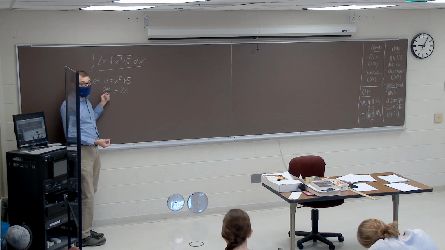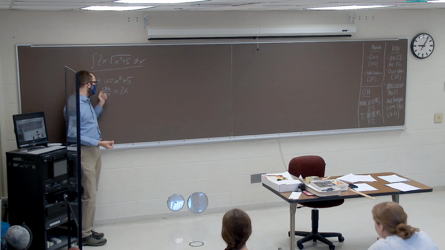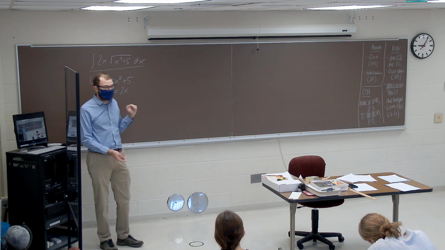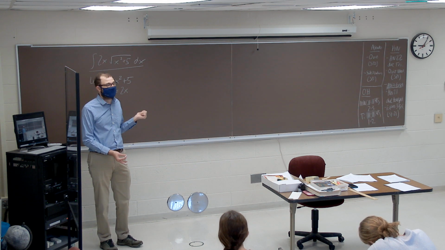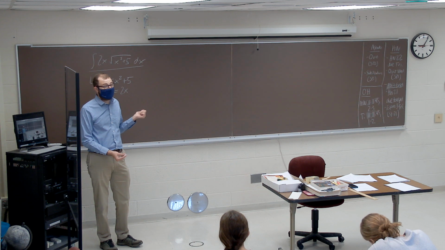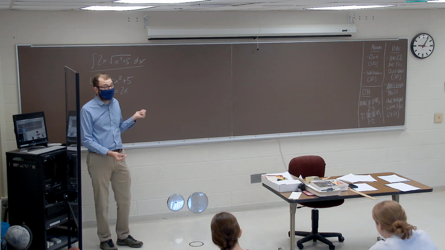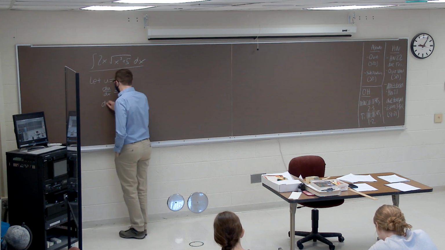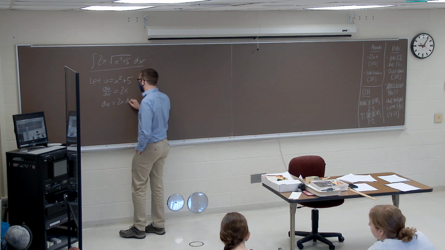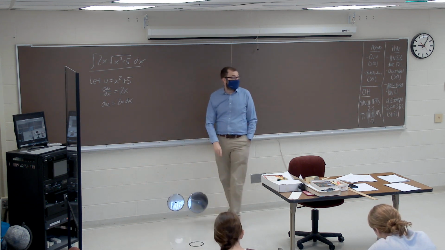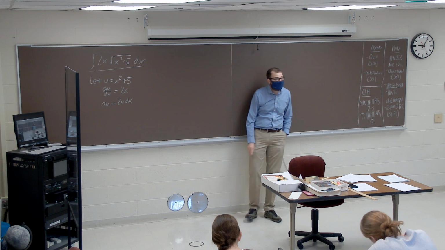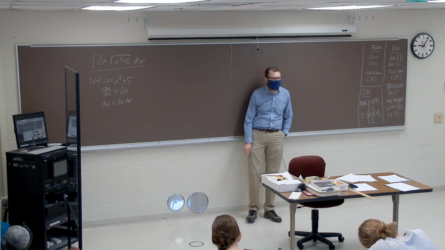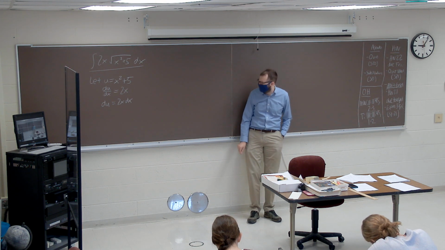Except this time, remember how I said early on, when you see du dx like this, don't think about it as being a fraction. Today, I'm going to disregard my own command. We're going to treat du dx as being like a fraction. We'll talk about why in just a minute.